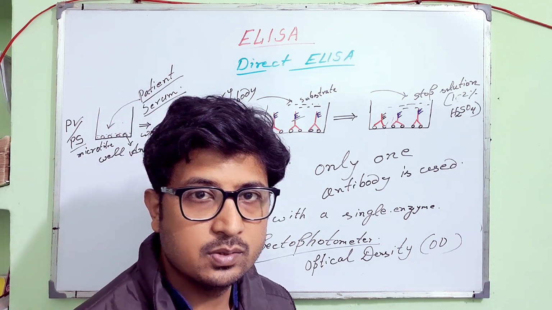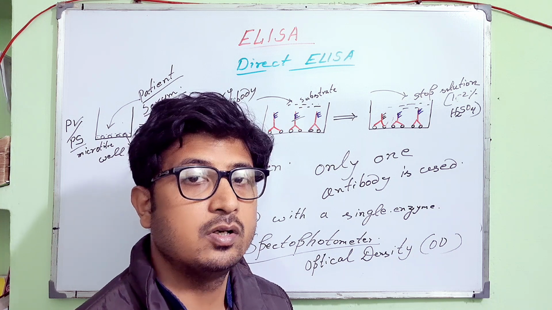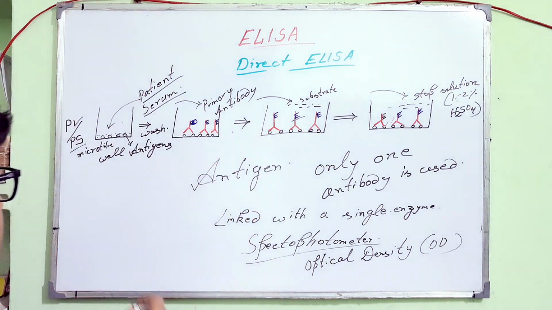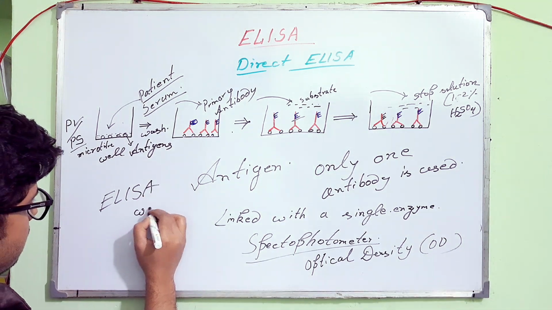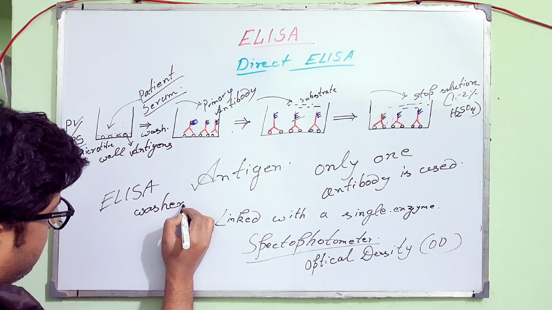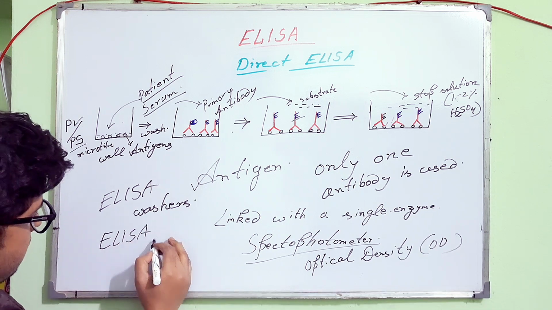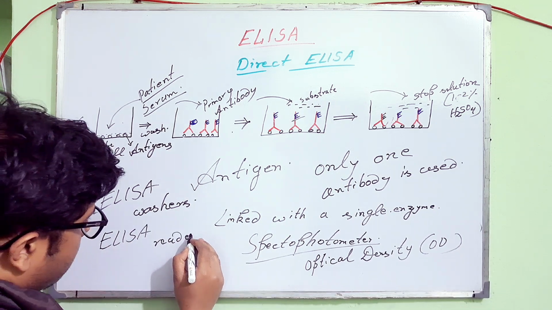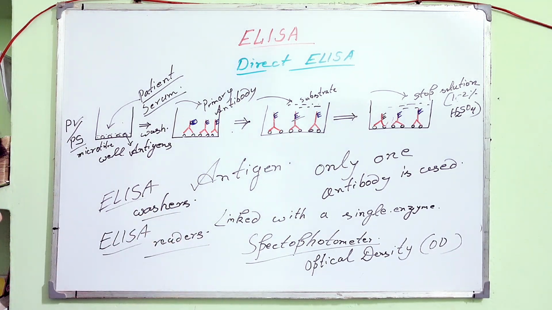So the color formation will be measured as the OD. So generally ELISA washers and ELISA readers are used to measure the result at a time.